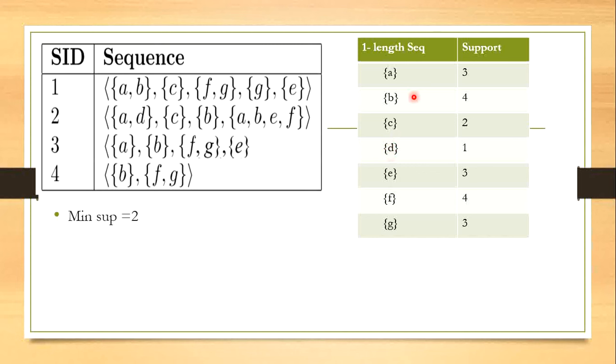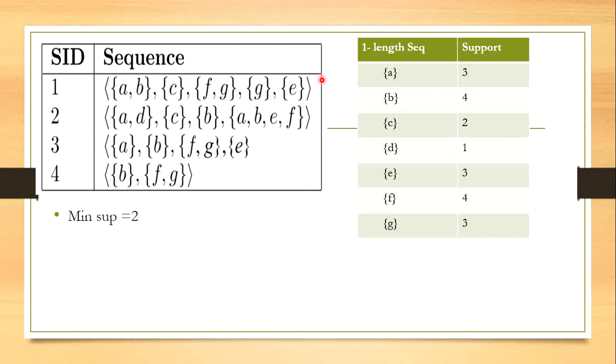These are the possible 1 length sequences from this database, and their supports are calculated here. The support of 1 length sequence A is 3, because A is present in sequences 1, 2 and 3. So A is present in 3 sequences. Therefore, the support of sequence A is 3.